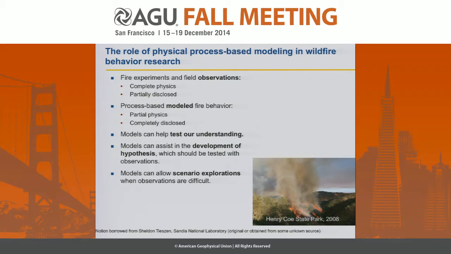Models, on the other hand, are only partial physics, because we usually don't model all of it, but it's fully disclosed. We can tease out anything we want out of those models. And so to keep that in mind, and keep the way those two things can be partnered together, to me is a really key aspect of thinking about how we take models forward.